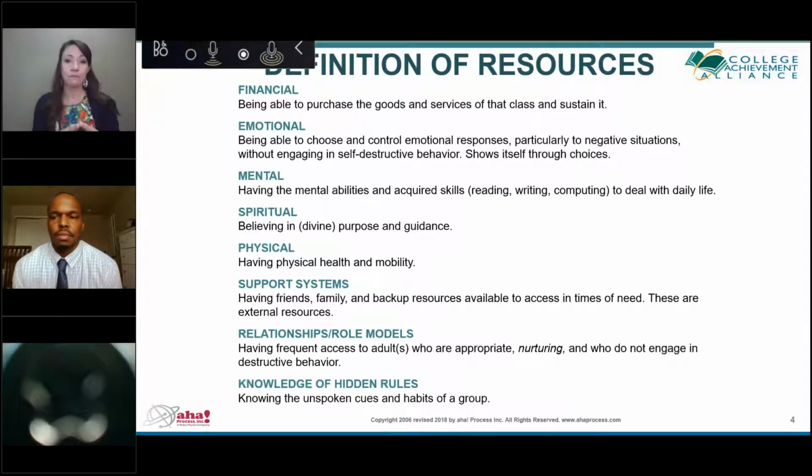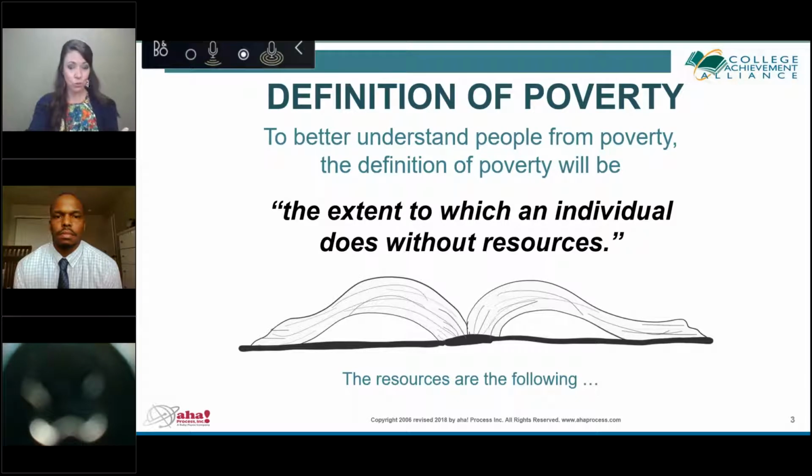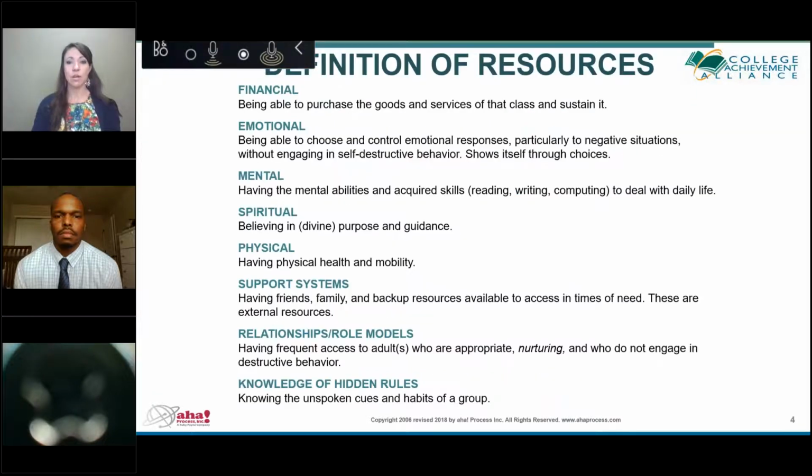And so the way we're going to define poverty is the extent to which our students do without resources, but more specifically, we're going to give a list of resources other than just money. We know that financial resources create some stability. We know that getting through life is a lot easier if we have that financial resource. But the really great thing about this definition is that we've got 8 listed here, these 8 resources.